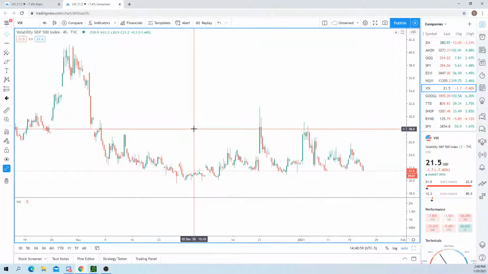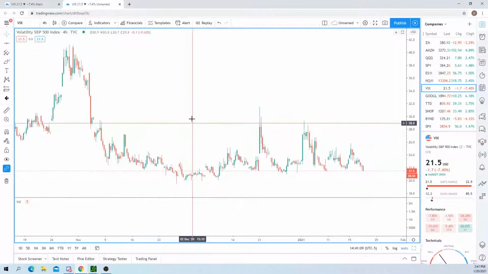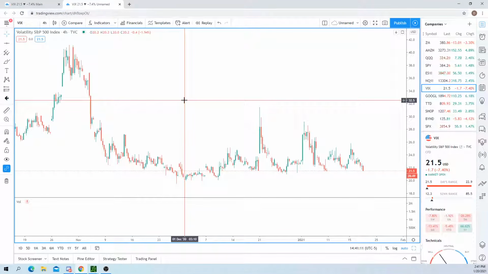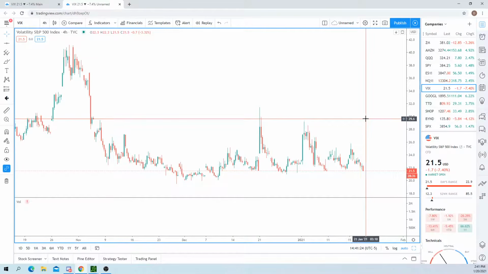So when using the VIX, I use it as an indicator, okay? I use it as an indicator to gauge market strength and weakness. Many traders will use indicators such as the MACD, RSI, VWAP, 200 SMA, 50 SMA, so on and so forth. With me personally, I'm against using those lagging indicators.